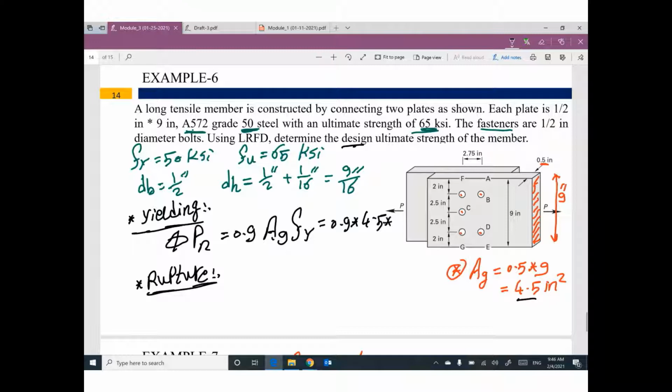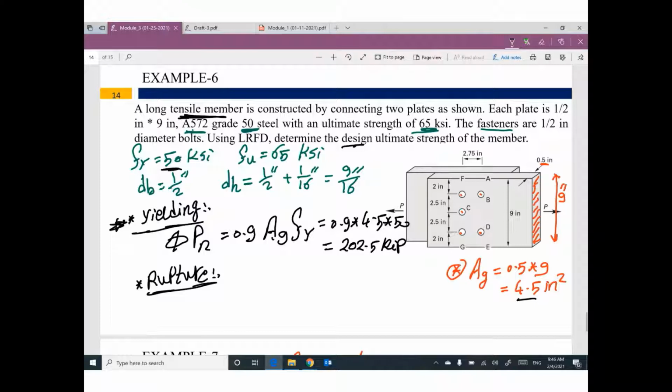F yield based on the type of the steel is 50. So the design strength to satisfy yielding will be 202.5 kip. This tensile member can support a tensile force equal to 202.5 kip without yielding.